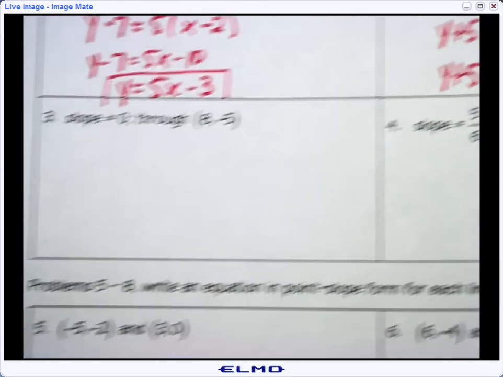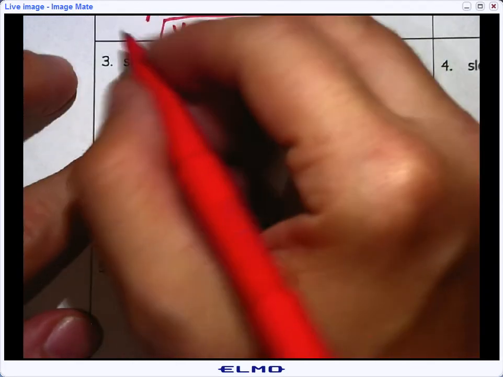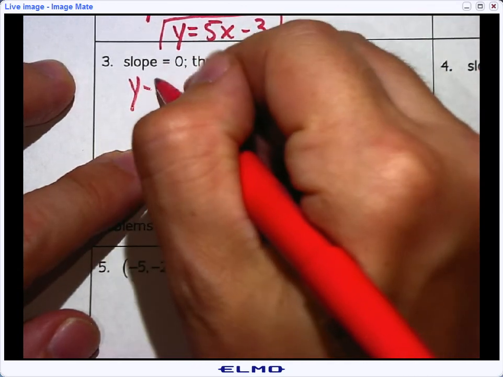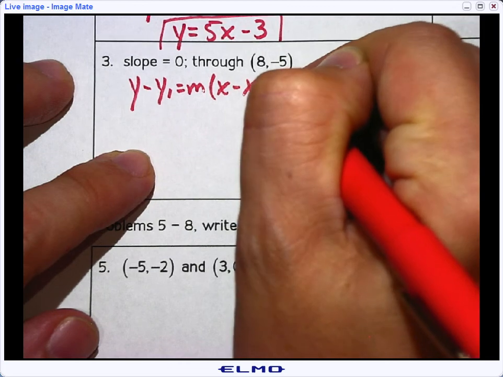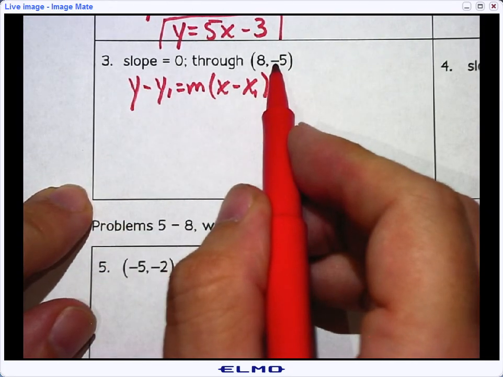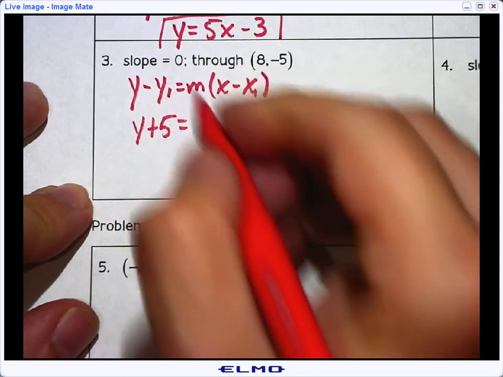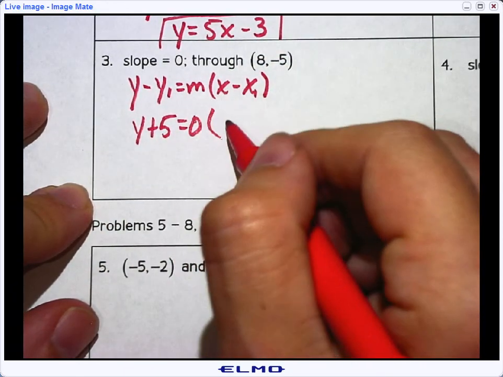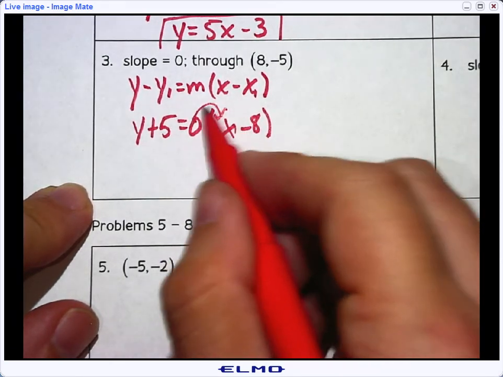All right, number 3, slope and a point, so same story. y minus y1 equals m times x minus x1. So y minus negative 5 is just going to become y plus 5. My m is 0, x minus 8. Distribute your 0.